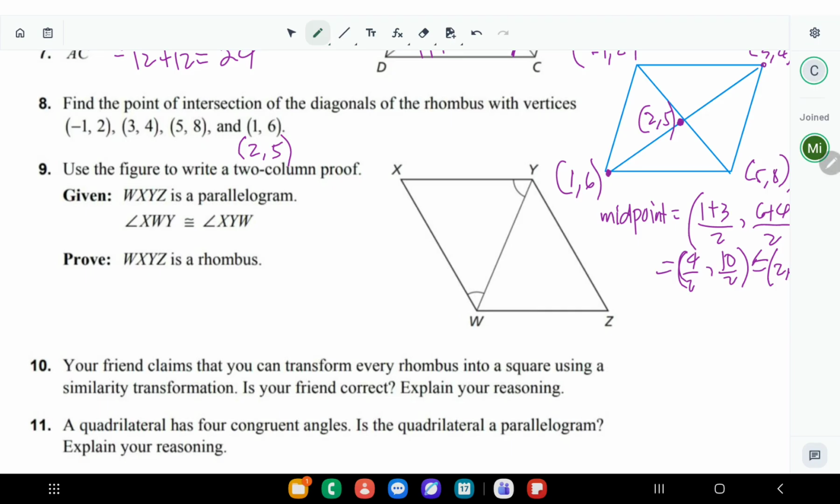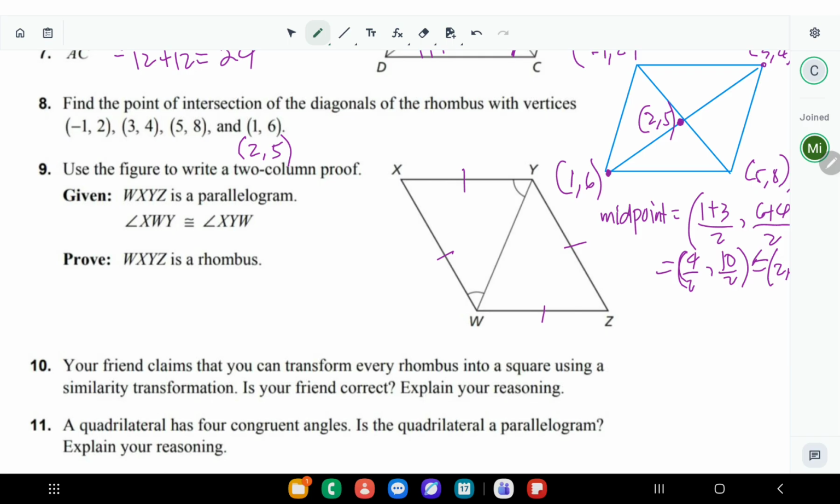Okay, number 9. Use the figure to write a 2-column proof. WXYZ is a parallelogram, then angle XWY is congruent to XYW, so it's an isosceles triangle. That means the sides are also equal. And it says WXYZ is a rhombus, so the sides are equal.